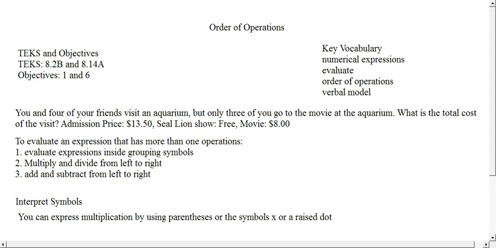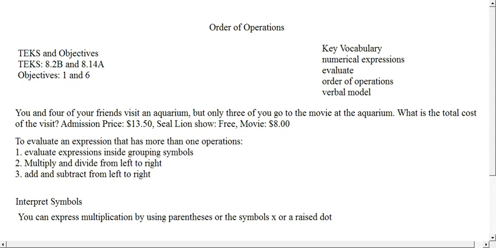Some key vocabulary terms that we need to know are a numerical expression, evaluate, order of operation, and a verbal model.